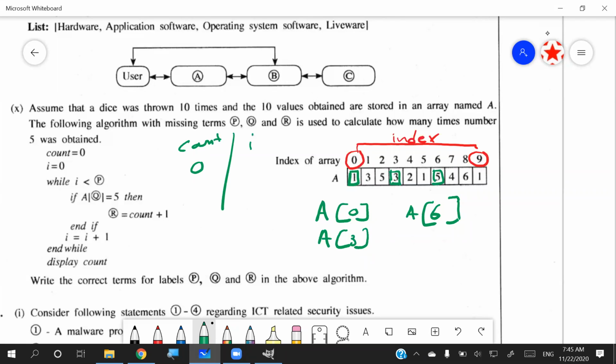There is something called I. And the requirement is counting the number of fives in all 10 throws. So we take the first item and compare it with 5, whether it is equal.